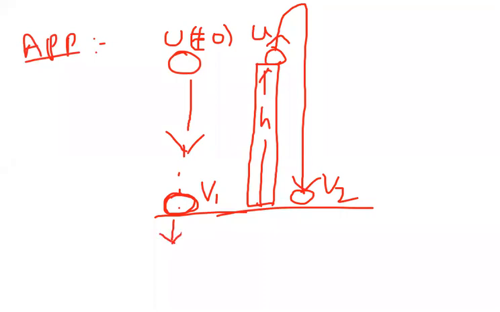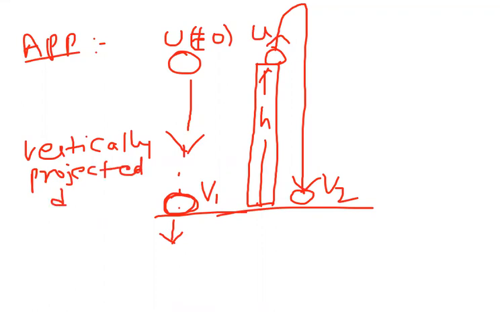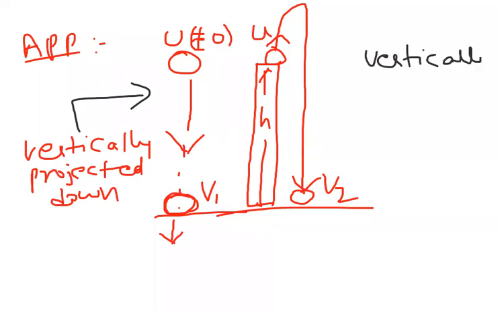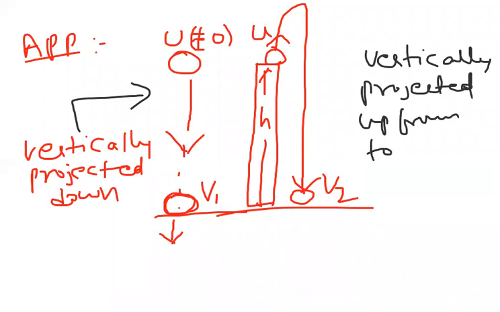This is the vertically projected down situation, with a velocity u, and this is vertically projected up from the top of the tower.